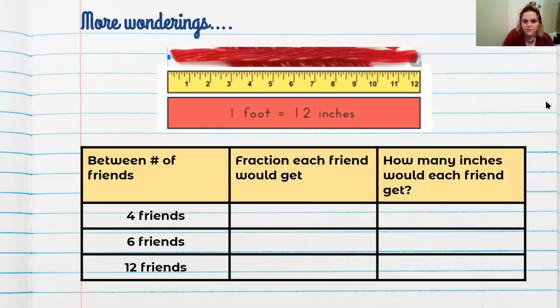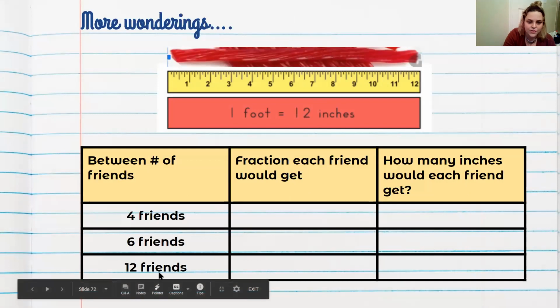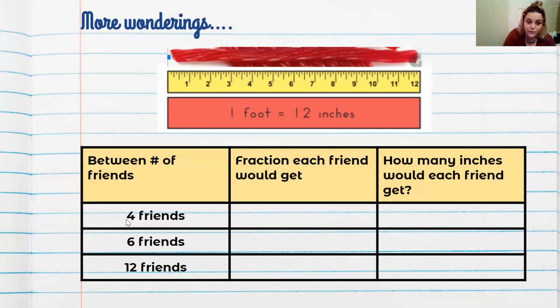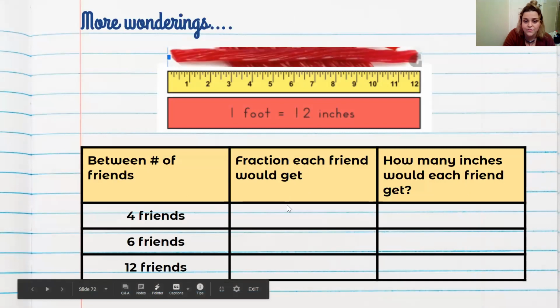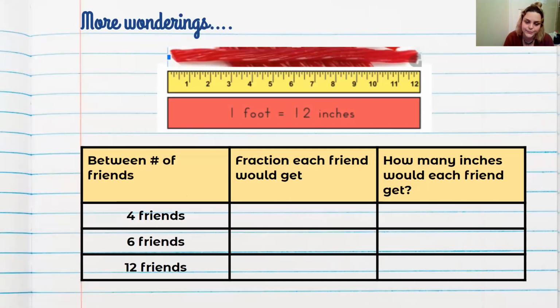You're going to write this table down: number of friends, fraction each friend would get, how many inches would each friend get? We have 3 options, and we're going to do all 3: 4 friends, 6 friends, 12 friends. You're going to do it with me in your notebook as I do it. Pause me so that you can do that now.